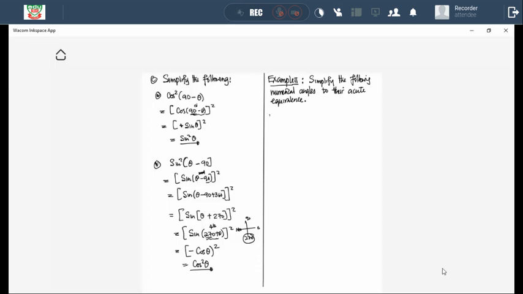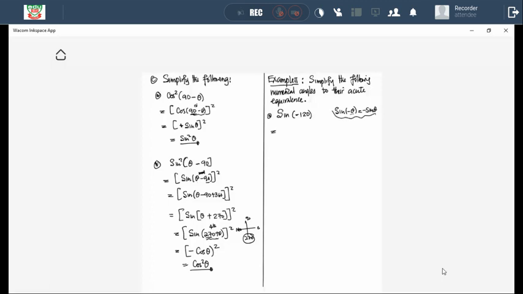Now I want us to simplify the following angles. I'm given something like this: sine negative 120, and the question is simplify this. Now, how do I simplify this? Very, very simple. This is a negative angle, and sine of a negative angle is going to be the same as negative sine theta.